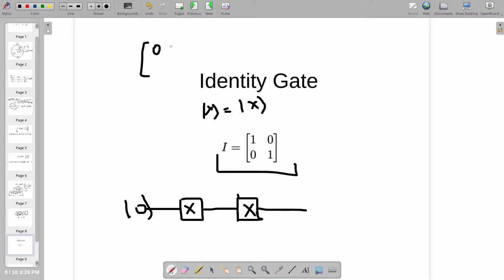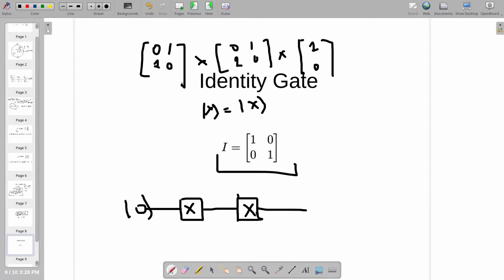So we know the matrix for x, 0 1 1 0, and then another 0 1 1 0.